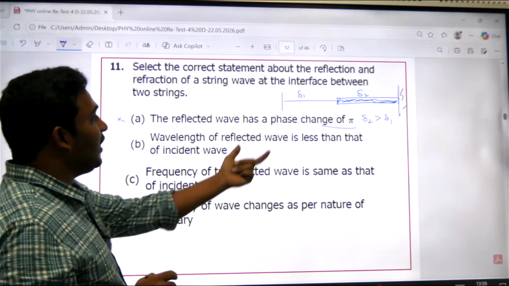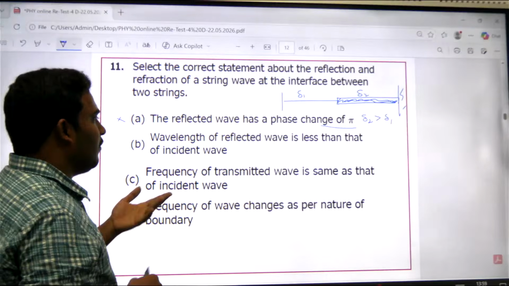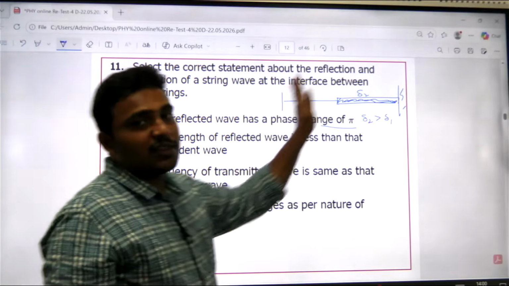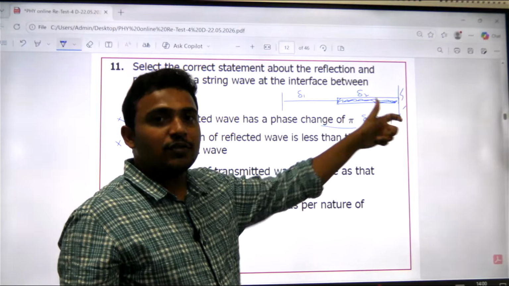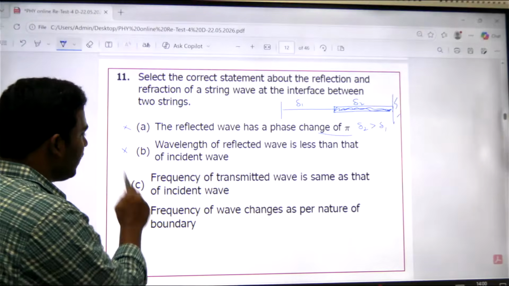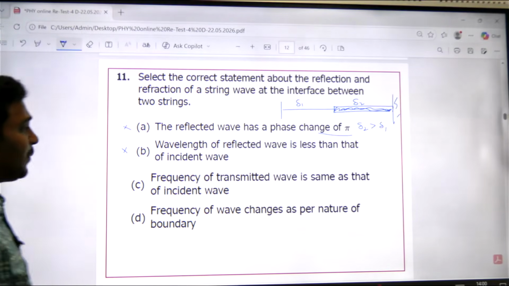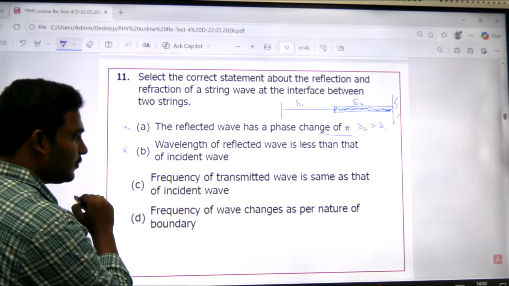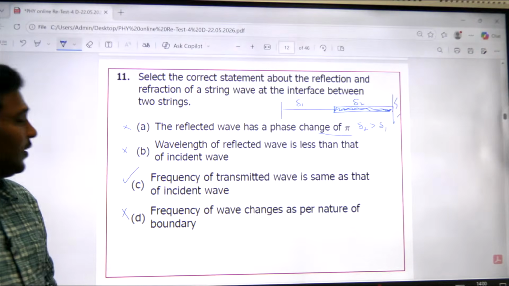Wavelength of the reflected wave is less than the incident wave, you cannot say it. That is also dependent on the distribution of the densities. If the second density is more, the values will change. And option number 3, frequency of transmitted wave is same as that of incident wave. What does it mean?